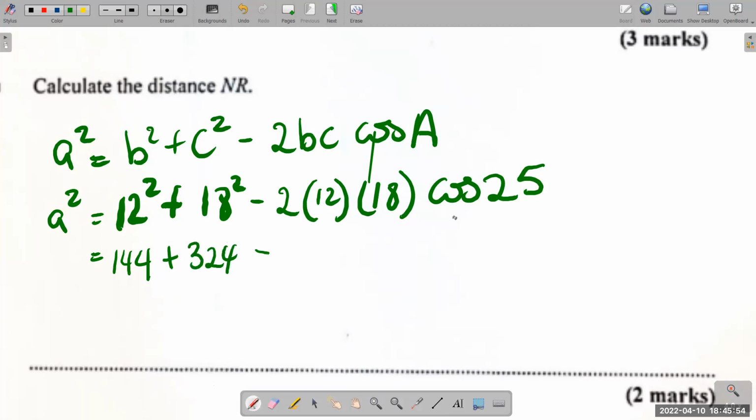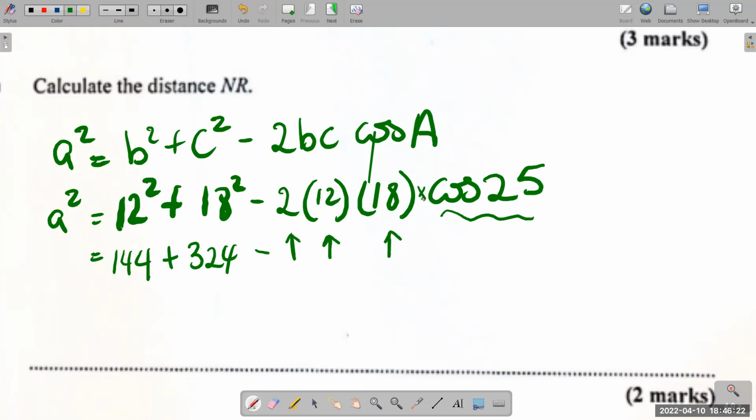Minus, what is these? How many things are being multiplied here after the subtraction sign? Kayla said 3, Janella said 3, Jerome said 4. It is 4. Look at it. 2 is one, 12 is one, 18 is one. Remember when you put cos 25, this means times.